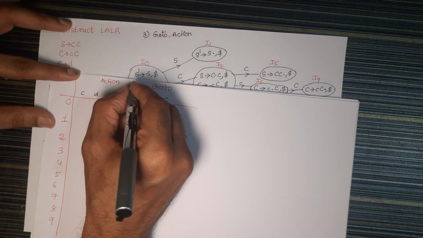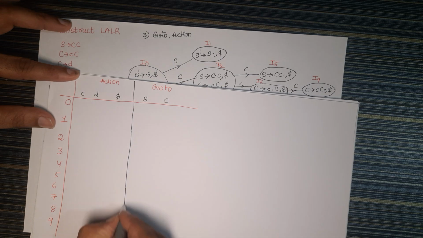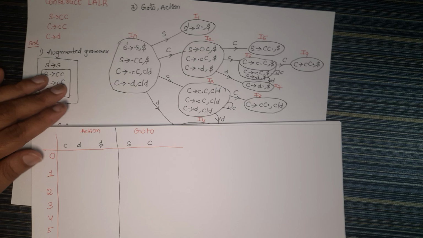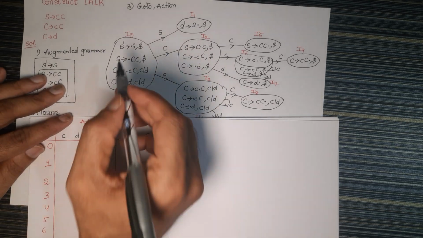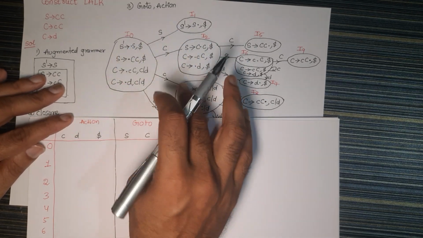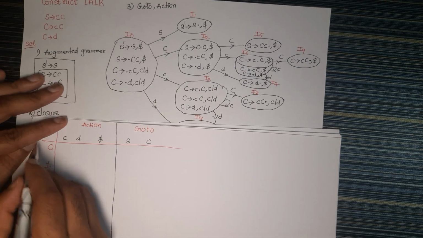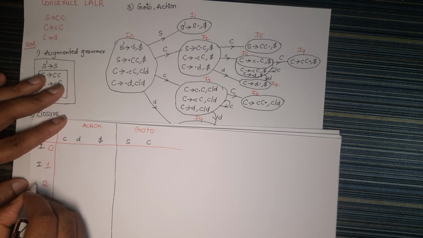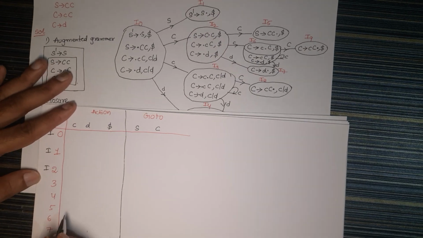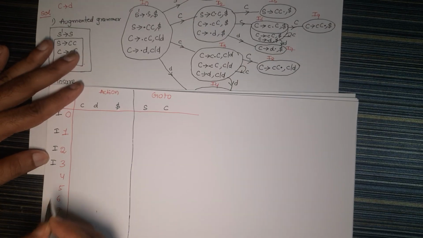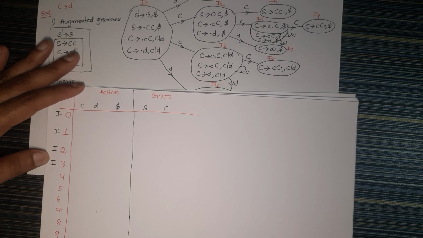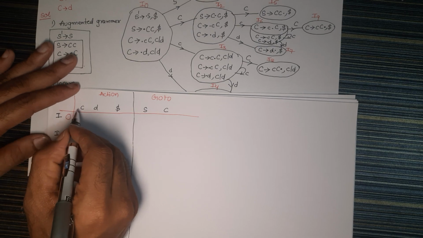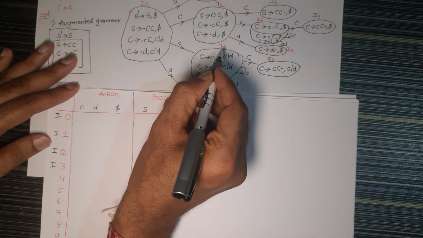Now what we are going to do, an important thing: if you see, this is I0, this is I1, I2, I3, and so on up to the final one, I9. Now, I0 on small c goes to where?